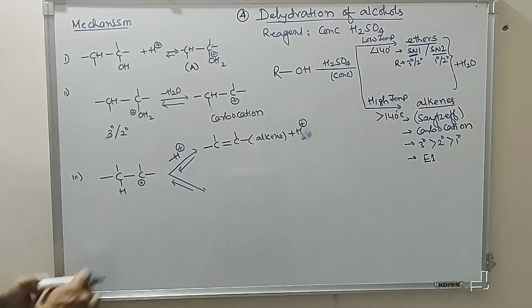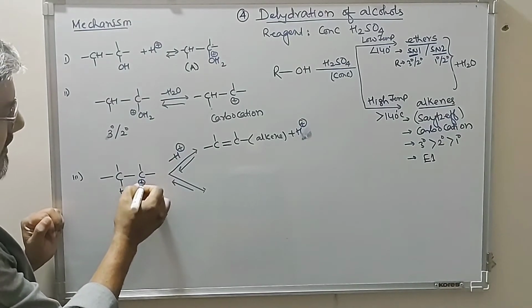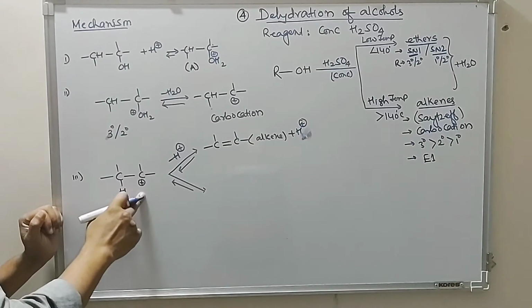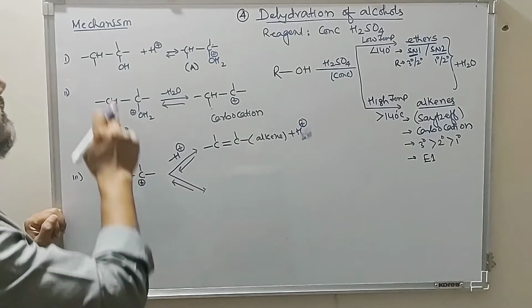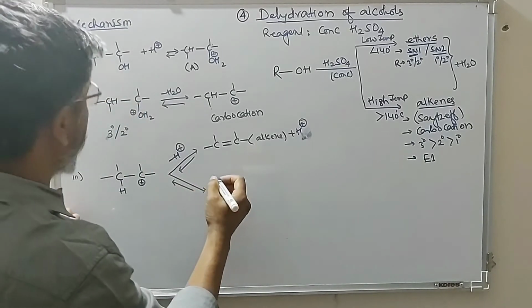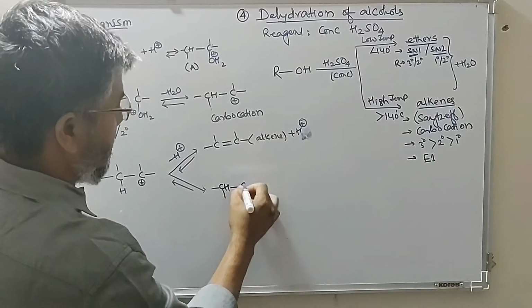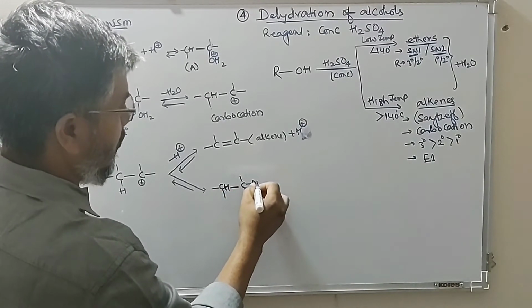Or if you look at this, we have this carbocation. This carbocation may react with this alcohol. So we have to look at this CH3OH.